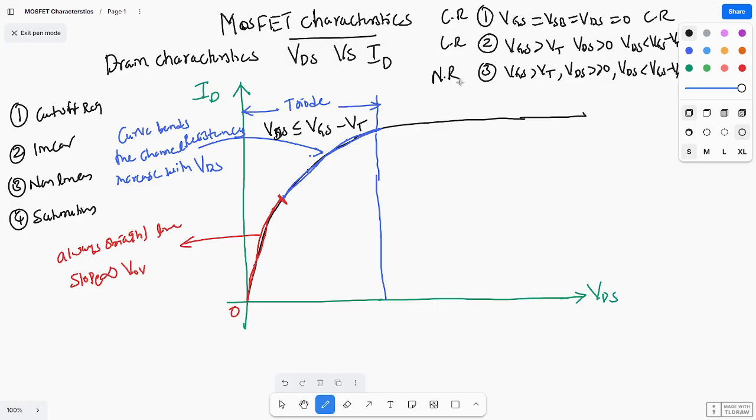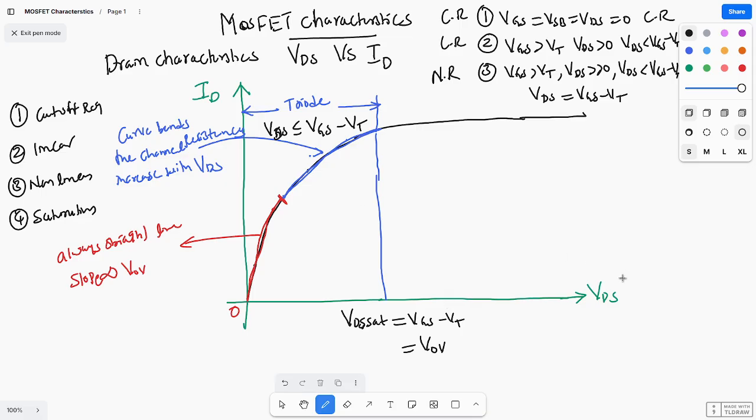At one point, when VDS equals VGS minus VT, the channel will be pinched off. That condition we call VDS sat, VDS sat equals VGS minus VT, which is the overdrive voltage VOV.